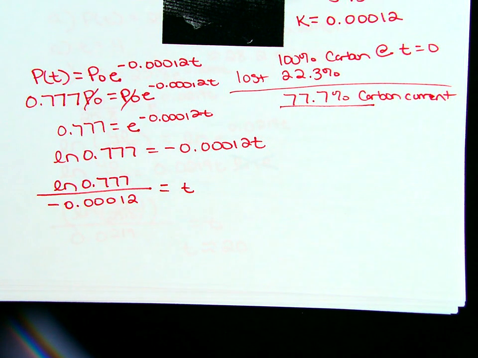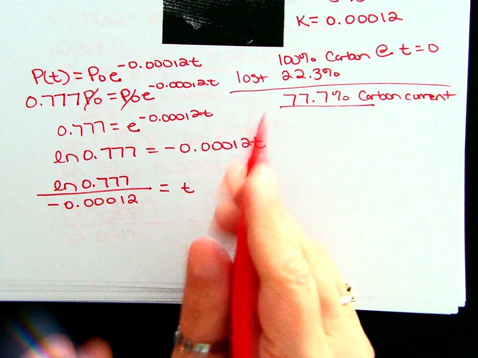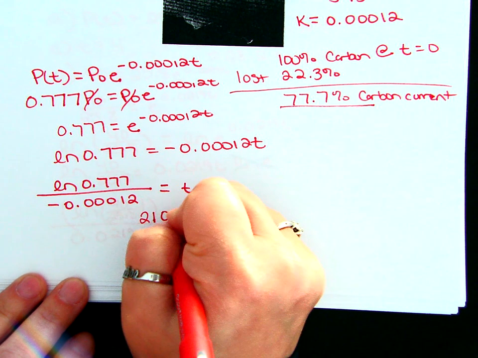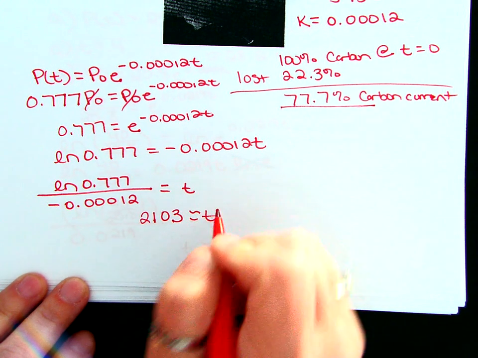How many years do we find? Rounding to the nearest year, approximately 2,103 years old.